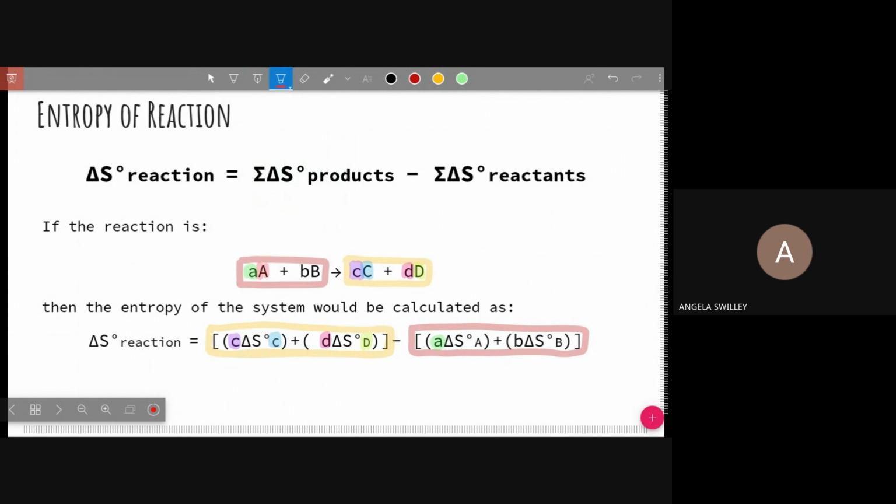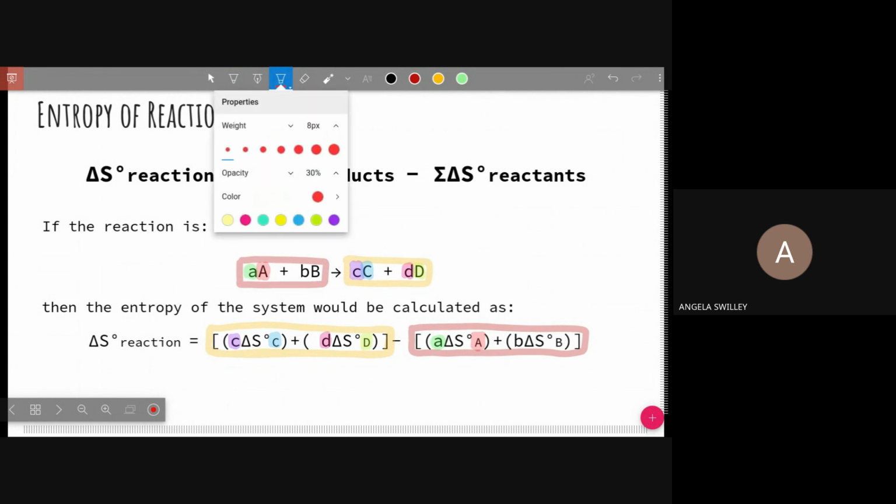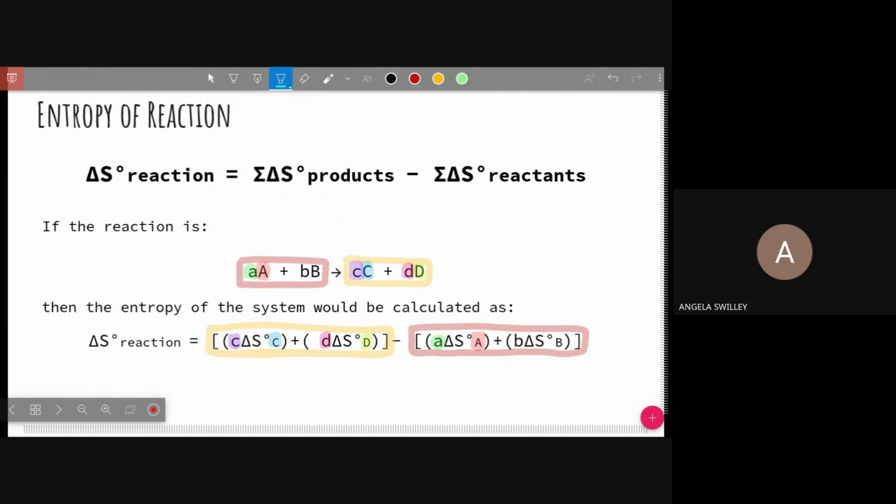We have our element or compound A right there. Trying to find enough colors to make them different is tough.